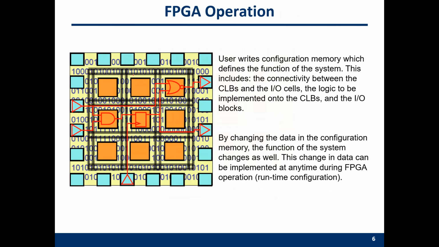You can actually configure this part as a XOR gate, this part as a latch, and this part as an AND gate. So you can configure different reconfigurable components on the FPGA board into different functions. The configuration is very simple. You just write the truth table into that part.